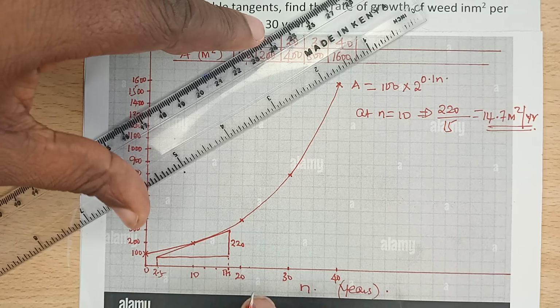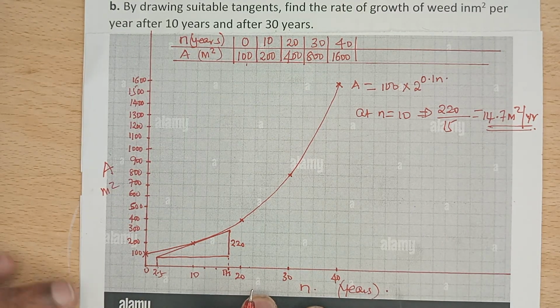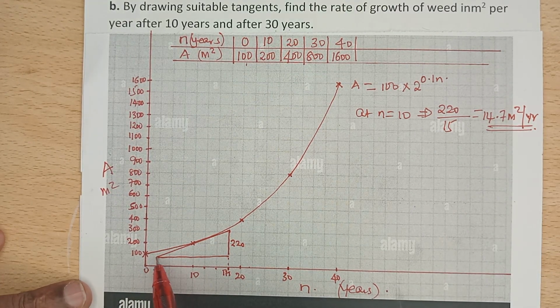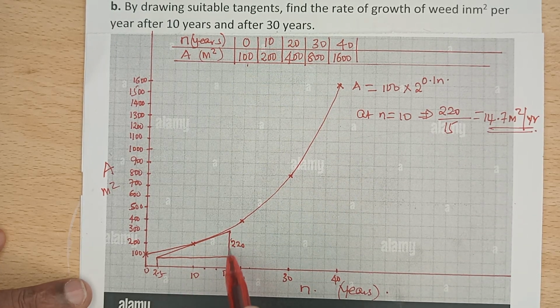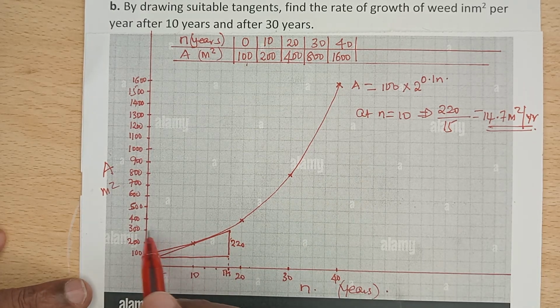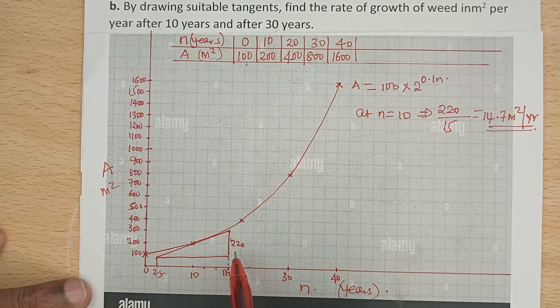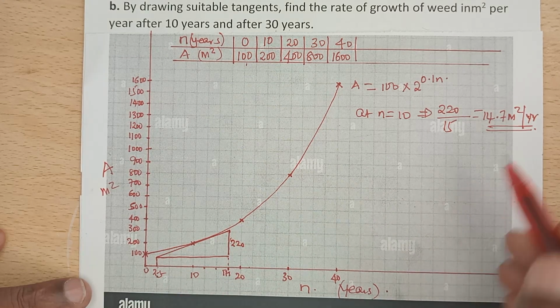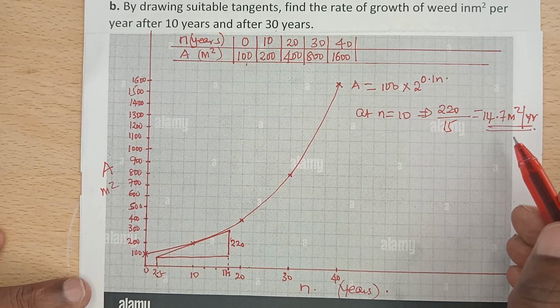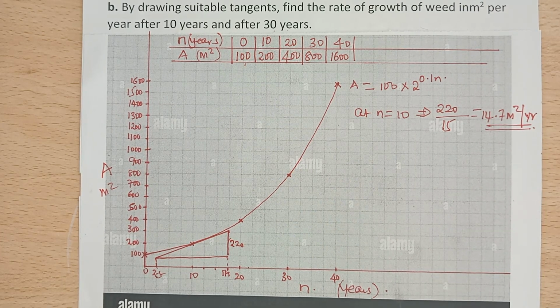That is the rate of the growth of the weed. Because remember, we have talked about constructing a very good tangent and establishing the rise, which is 300 minus 80, giving us 220, and the run from 2.5 all the way to 17.5. 17.5 minus 2.5 is 15, and we are getting the rate at that particular point as 14.7 meters squared per year.